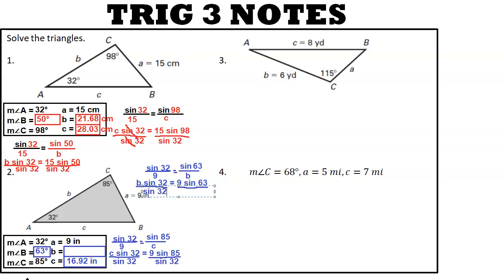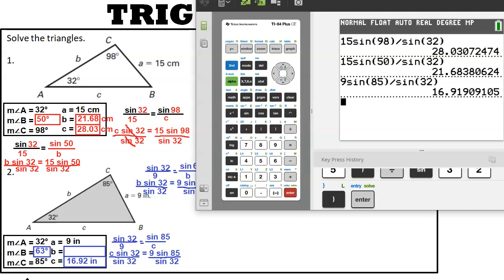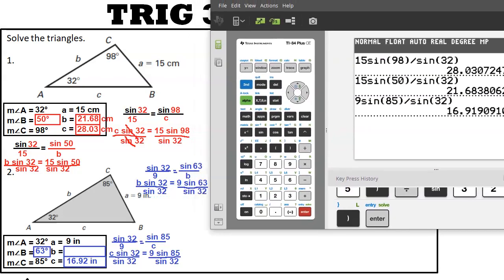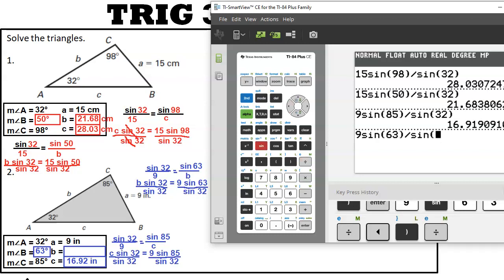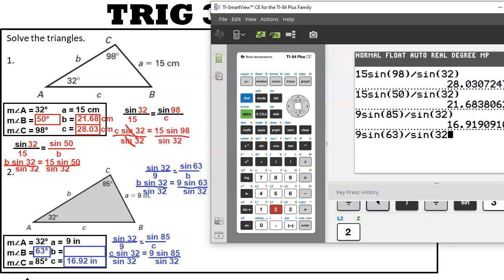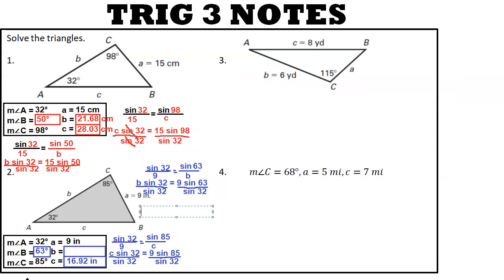All right, so let's go through, get our calculator out, and do it. So 9 times the sine of 63 divided by, I almost did it again, divided by the sine of 32. 15.13 inches.